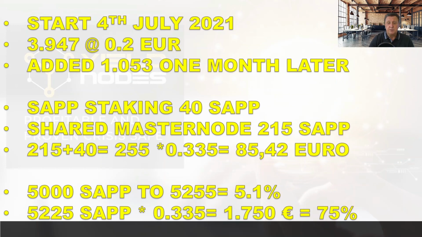If we then take this in, at the end of the day, the value has gone up from the coin, and that's where obviously you get some massive gains. So the 5,225 Sapp now with the new exchange has gone up, and it's 1,750, which basically relates back to 75% profit in 2 months. So absolutely massive, yeah. So that's the calculation.